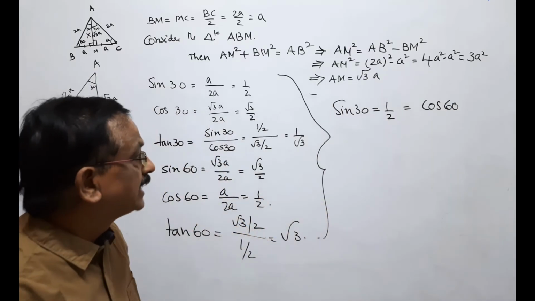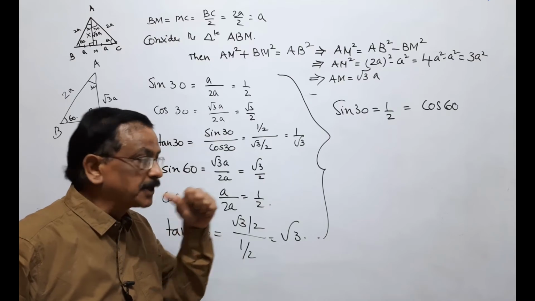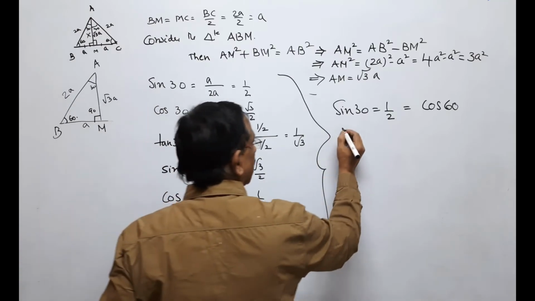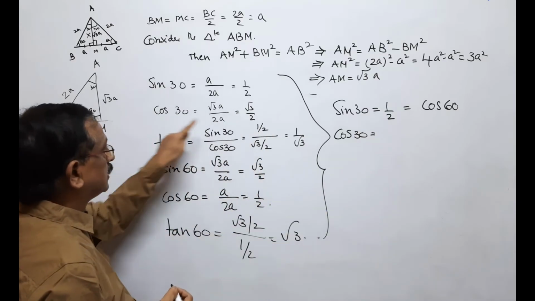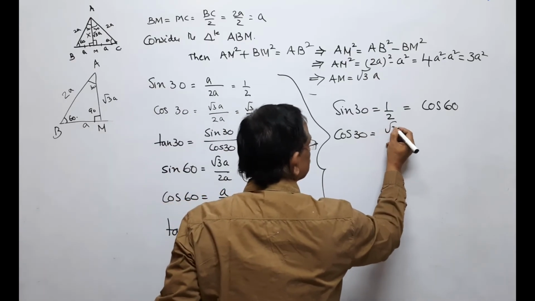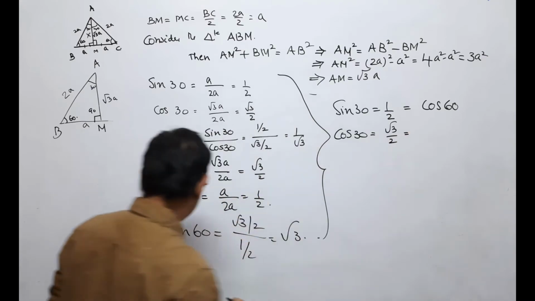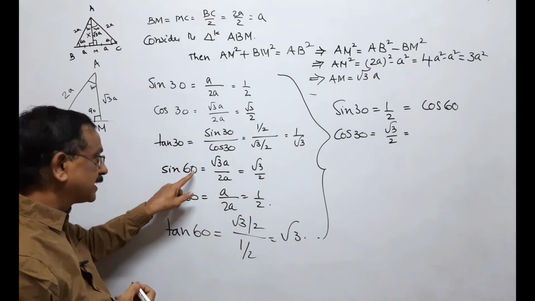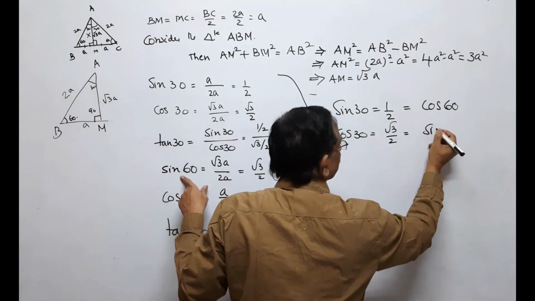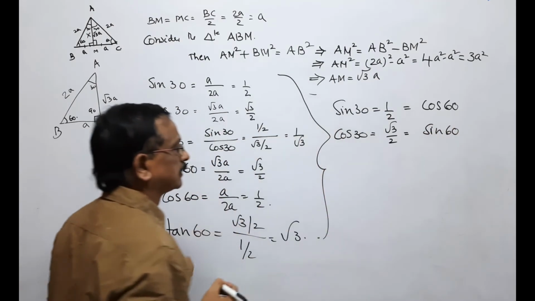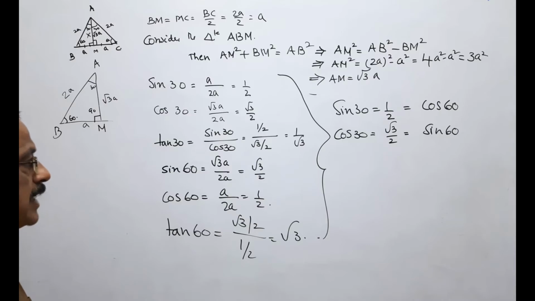So sine 30 is the same as cos 60. Now what is cos 30? Root 3 by 2. So cos 30 is the same as, look at this, sine 60, root 3 by 2. They are the same.